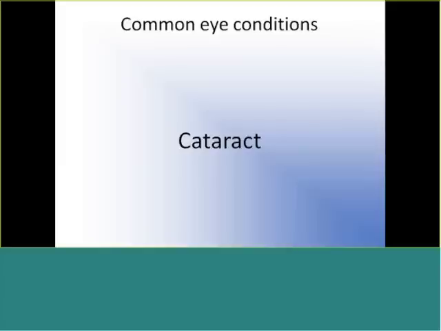However, it has to be remembered that it is also potentially an operation that can lead to blindness from either an infection, so there's a 1 in 1,000 chance that you can get an infection, an endophthalmitis, and there are complications. If the operation is not performed successfully, then there are repercussions to this.